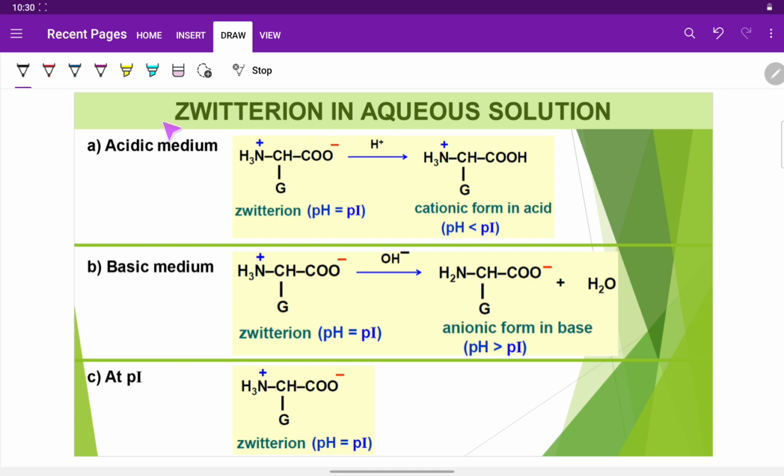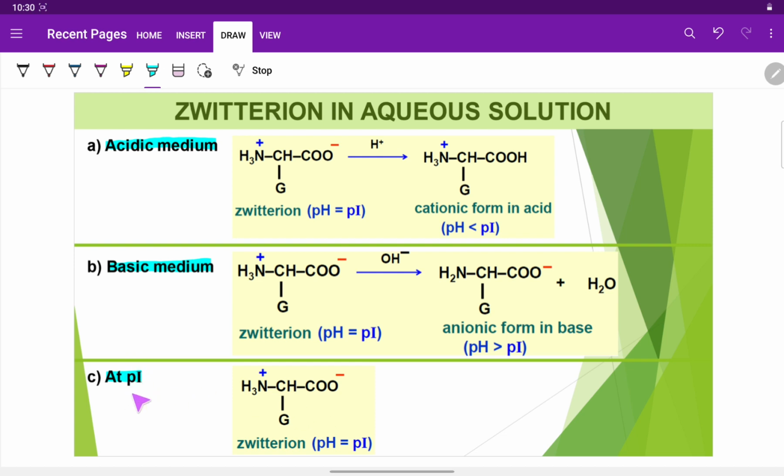Now, let's discuss the zwitter ion in aqueous solution. Ini yang saya masukkan tadi. So kita akan ada 3 different medium. First, kita akan tengok our amino acid in acidic medium, in basic medium, and then lastly at our isoelectric point, PI, dekat sini.